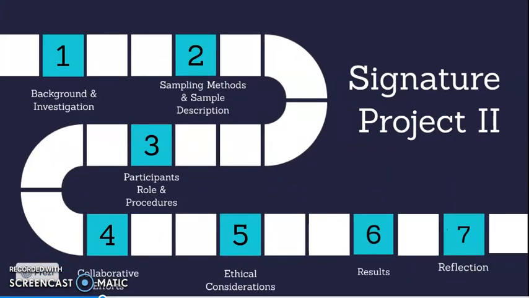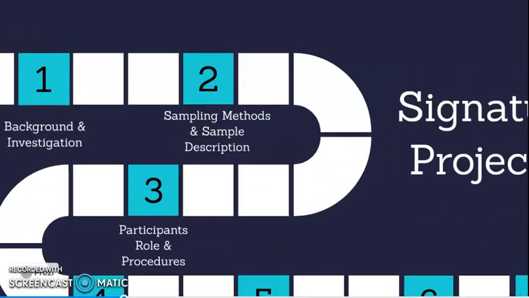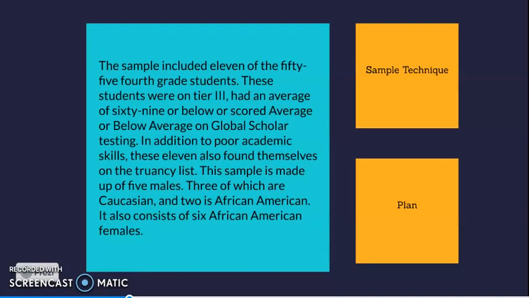Sampling methods and sample description. The sample included 11 of the 55 4th grade students. Students were on Tier 3, had an average of 69 or below, or scored average or below average on Global Scholar testing.